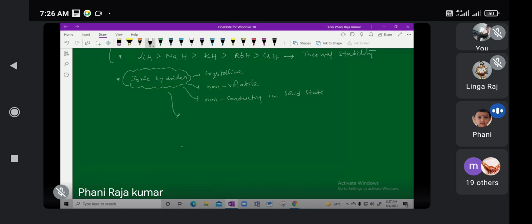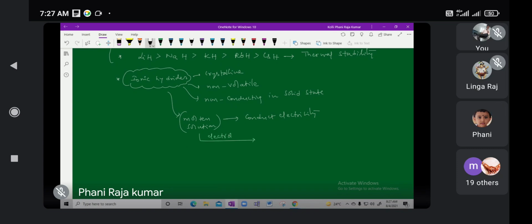If you take the molten state, they conduct electricity due to the availability of free, mobile ions.